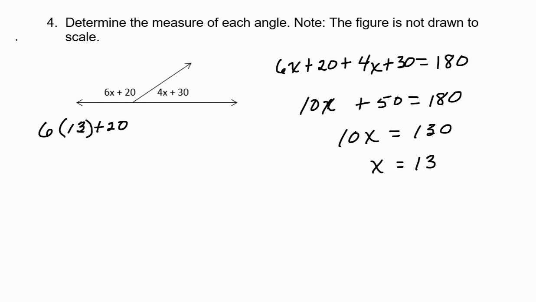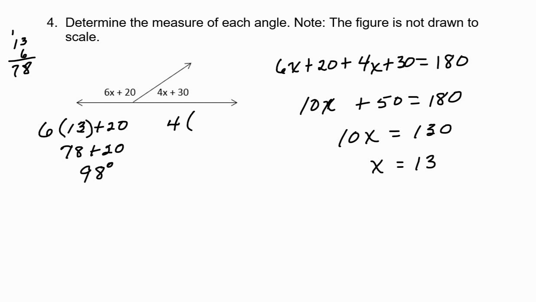And if you need to, somewhere on scratch paper, write this out so that you do 6 times 3 is 18, put down your 8, carry your 1, 6 times 1 is 6, plus 1 is 7, so that's 78 plus 20, which is 98. So this first angle is 98 degrees. The second angle I could figure out a couple of different ways.